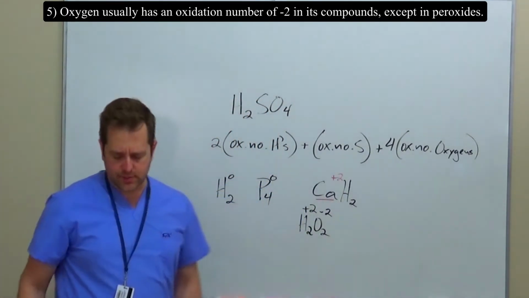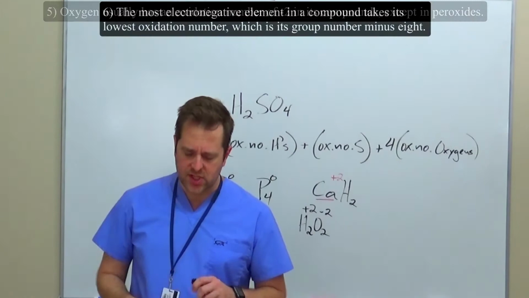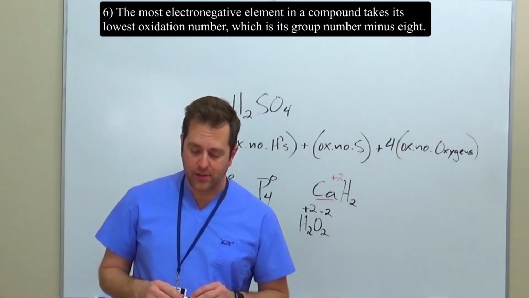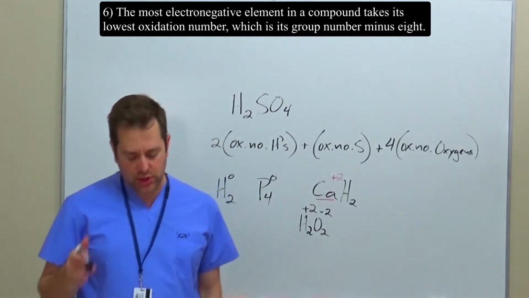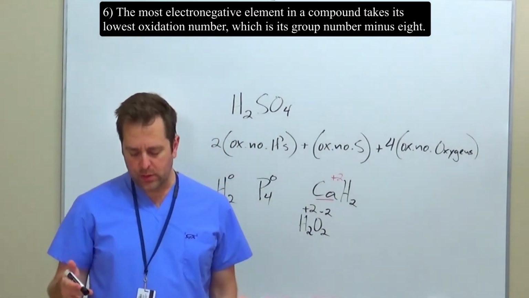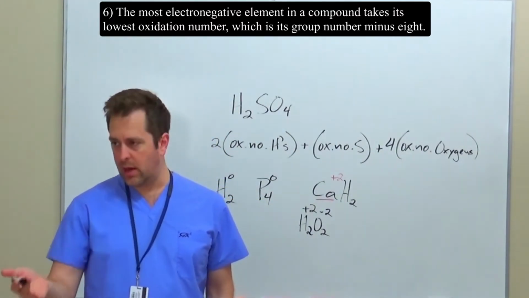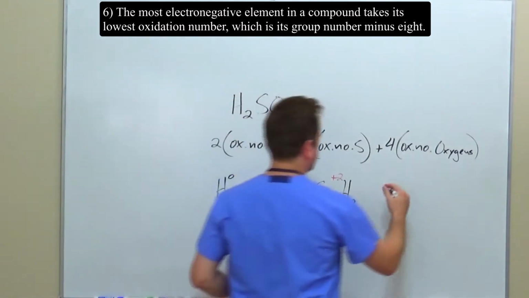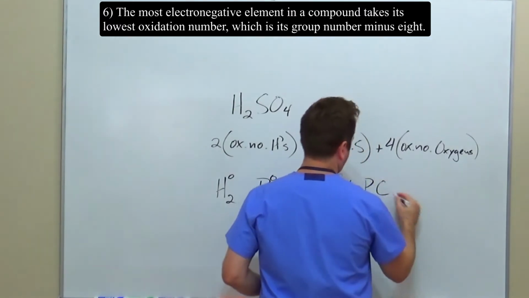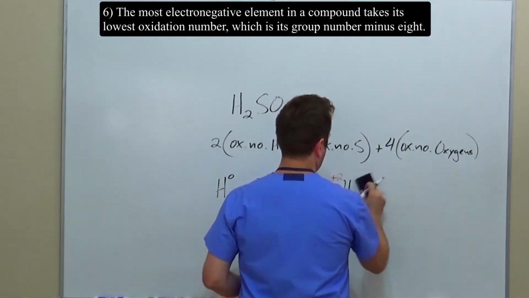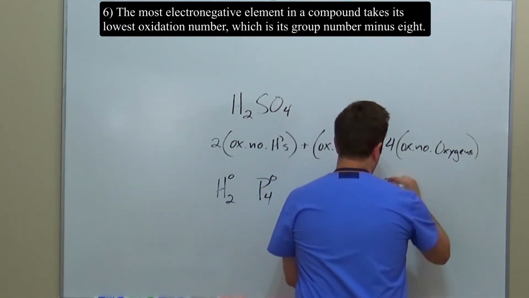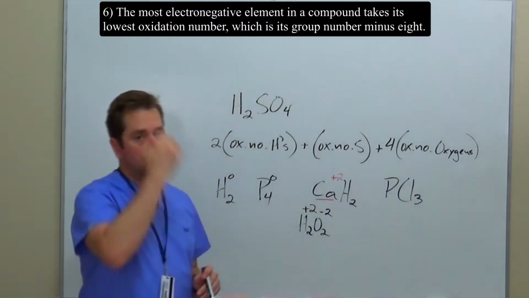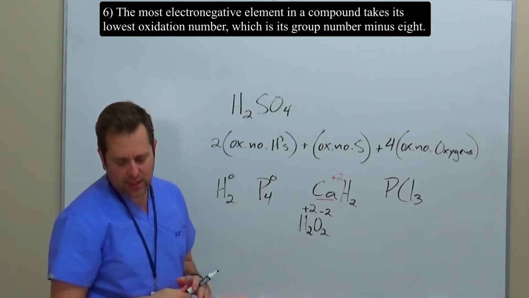And lastly, number 6, the most electronegative element in a compound takes its lowest oxidation number, which is its group number minus 8. So for example, let's say phosphorus trichloride, and which is the most electronegative element?